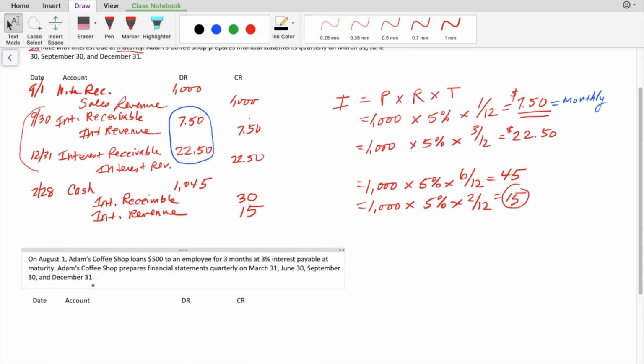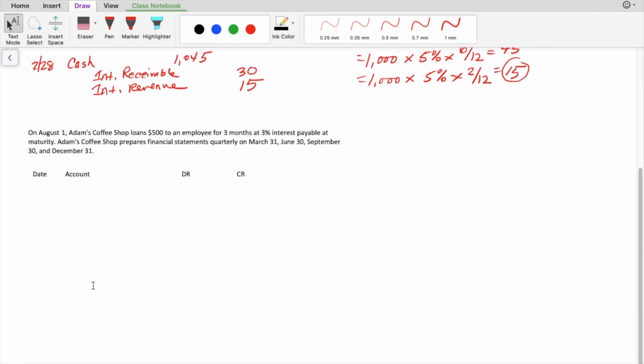Let's look at another example. Okay, Adam's Coffee Shop here, again, still August 1st, loans $500 to an employee for 3 months at 3% interest payable at maturity. Adam's Coffee Shop prepares financial statements, same, March 31st, June 30th, September 30th, December 31st.